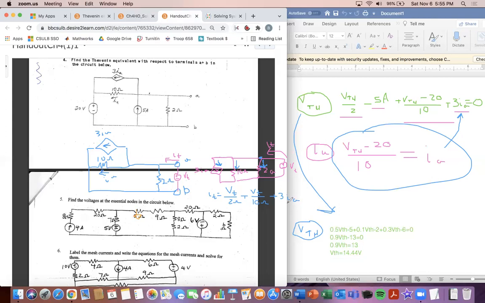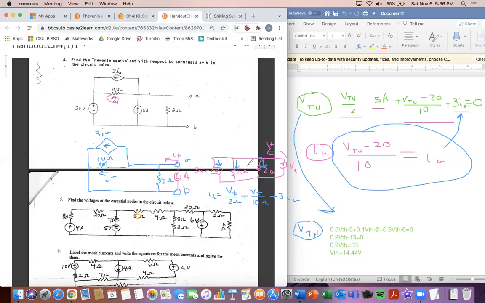And we know we can write an equation for IA, because when you look at this equation you're like, oh great, I've got one unknown here, another unknown right here, and a third unknown right here. What do I do? We can write an equation for 3IA. Remember how IA up here is across the 10 ohm resistor?